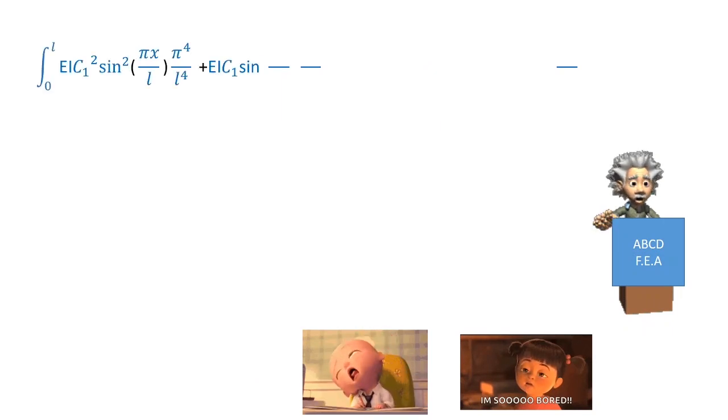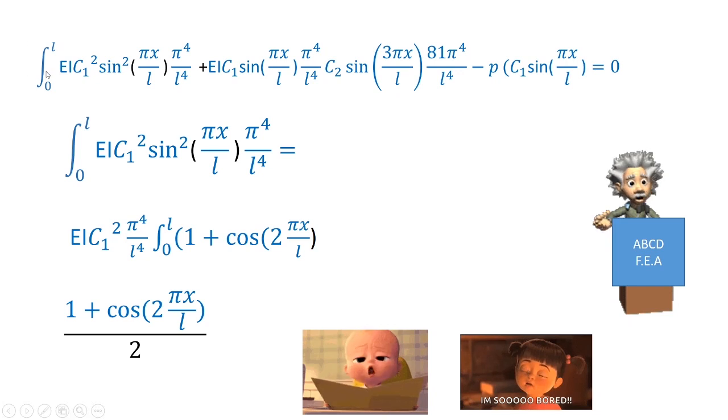Anyway, this was the final equation which we got from the previous one: equation 1, equation 2 and equation 3. We'll try to solve each equation individually. So this is c1 squared sin squared(πx/l) into (π/l)^4. Sin squared theta is equal to (1 plus cos 2 theta) by 2.